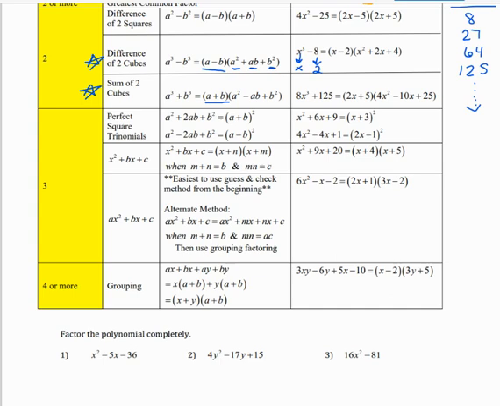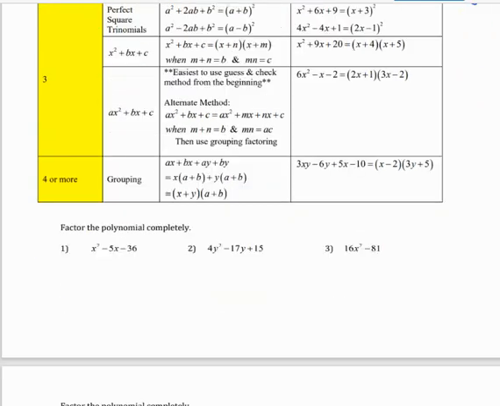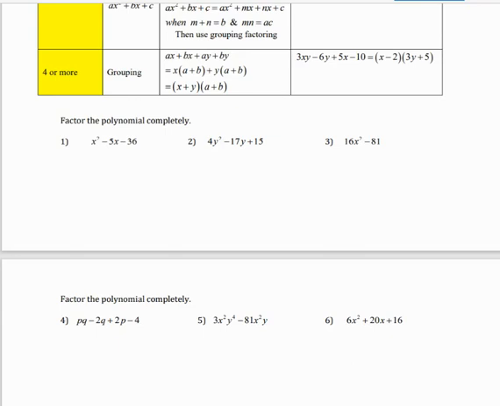And then lastly, if we have multiple terms beyond 3, right, 4 terms or even more like 6 terms, we can use the grouping method where we group 2 at a time or 3 at a time. Okay, so let's do a couple examples together, and I'll have you try some of them on your own as well.